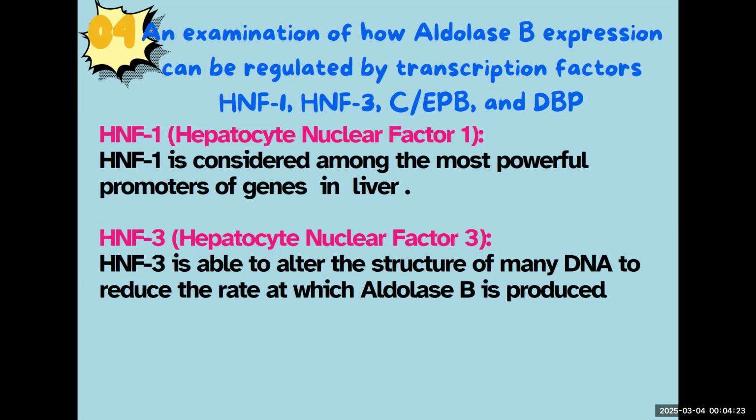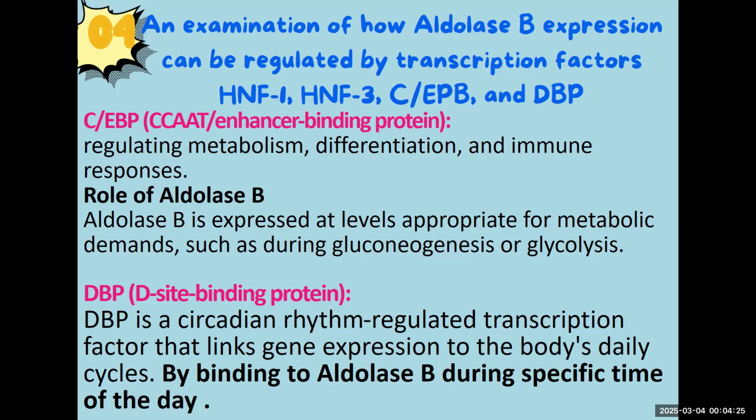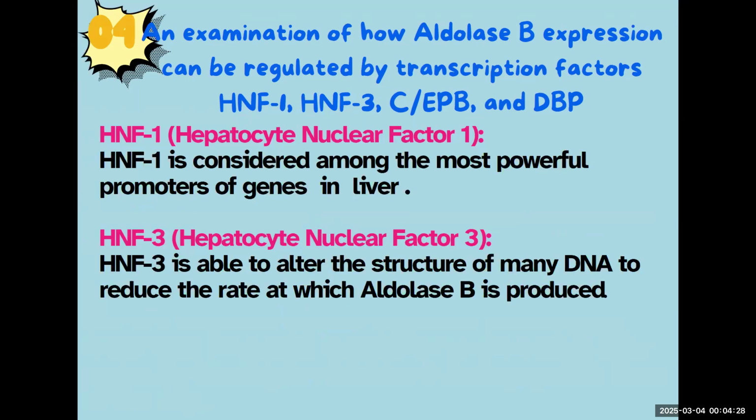Hepatocyte nuclear factor 1 is required for liver function, and has a very important role in liver function, as aldolase B is one of the genes influenced by this transcription factor because it directs the expression of a number of liver-specific genes.